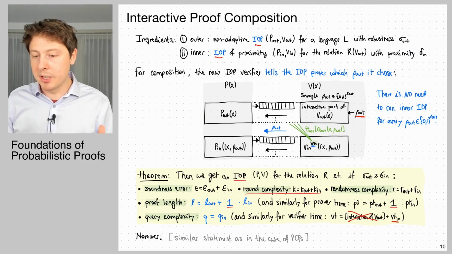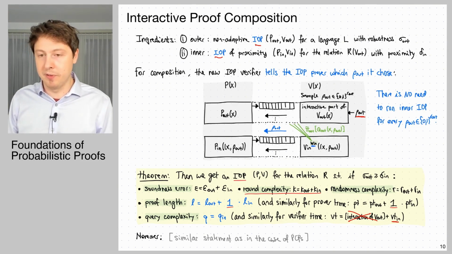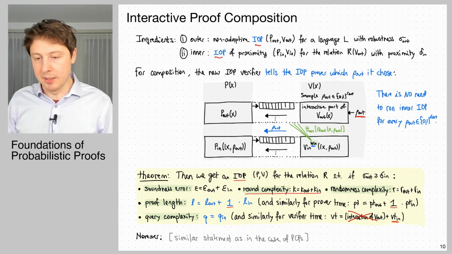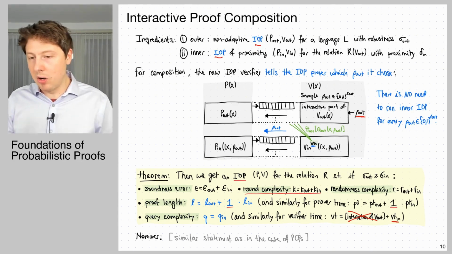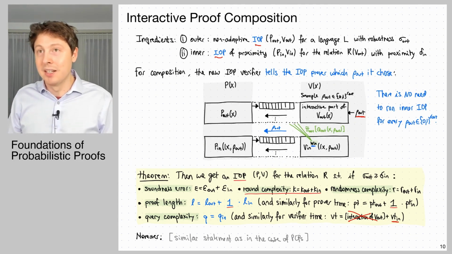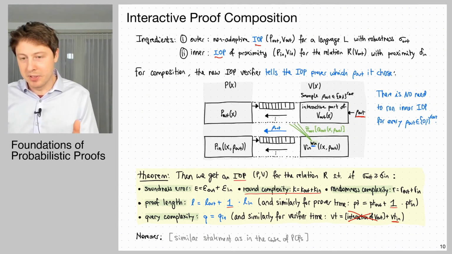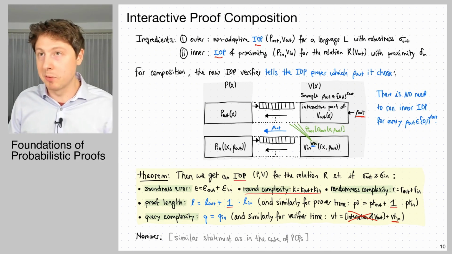And both of those are highly recurring patterns in the design and analysis of probabilistic proofs. In particular, I would say almost every recent advance in probabilistic proofs has been made through some type of proof composition.